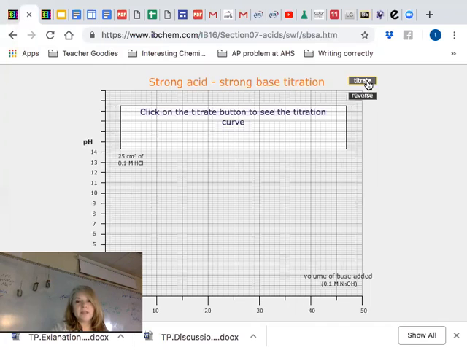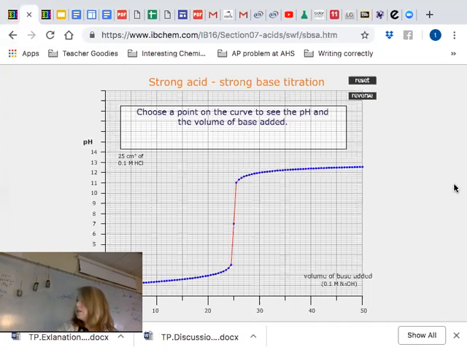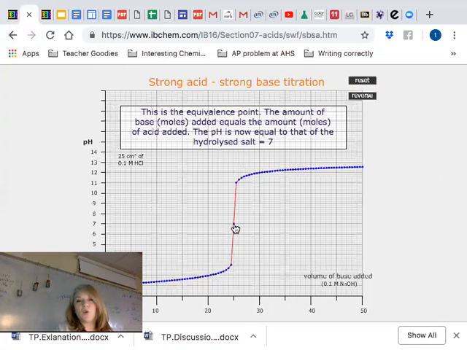Strong acid, strong base titration looks like this. Okay, all those little blue areas, if you're close enough, you can see those are actually data points that we're taking. There's one data point right here. Okay, with a strong acid, strong base, the equivalence point is hit quickly. Okay, so you increase.